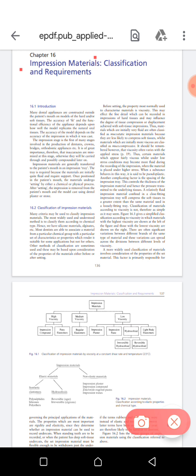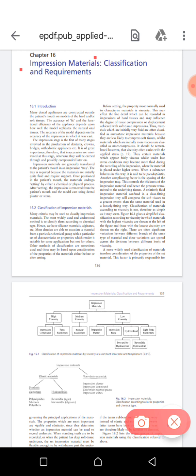According to mode of setting, those set by chemical reaction include impression plaster, zinc oxide eugenol, impression waxes, alginate, polysulfides, polyethers, and silicones. Those set by temperature are impression compound and agar. We will be discussing impression compound later.